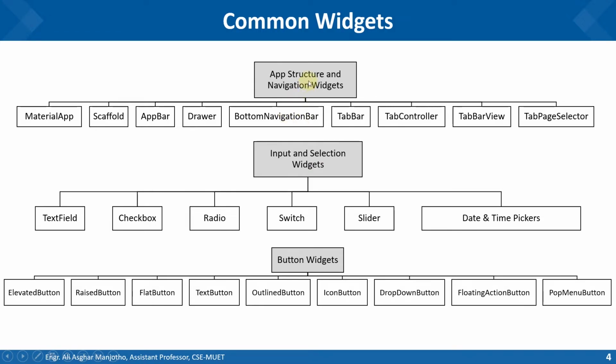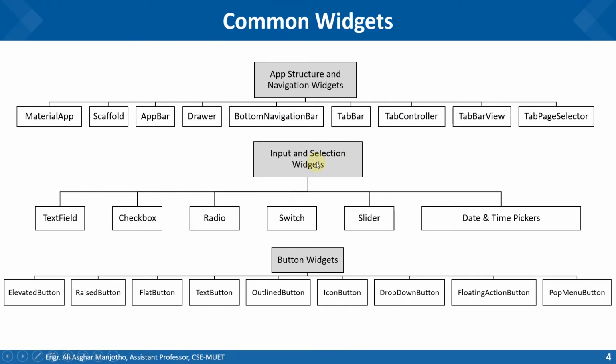Then there are other widgets used to structure the application and for navigation purposes, such as the material app to provide the design of the application, scaffold to define the structure of the application, the top app bar, the drawer, the bottom navigation bar, tab control, and some other components.